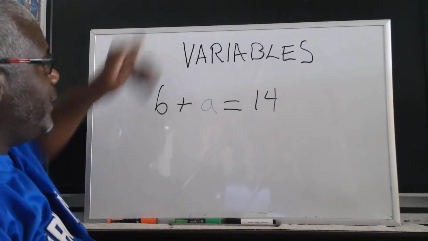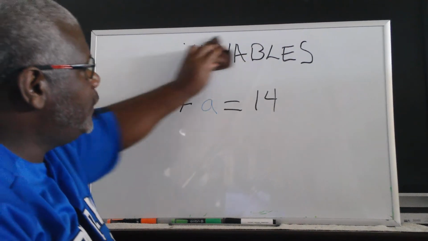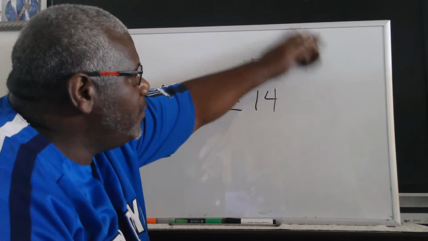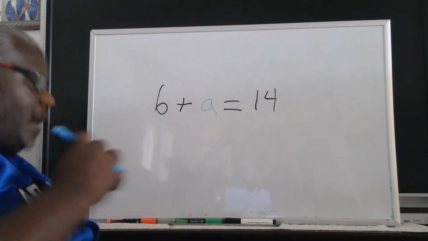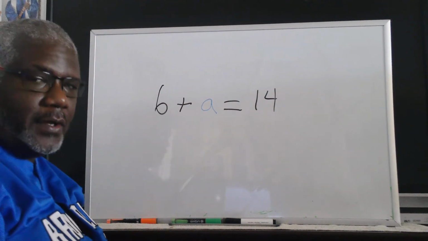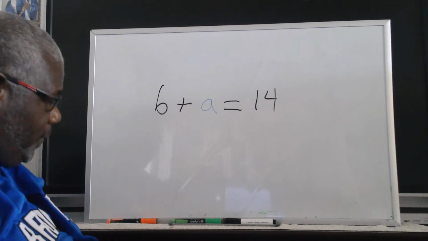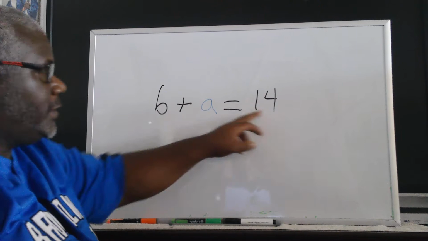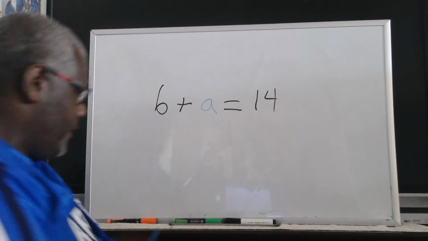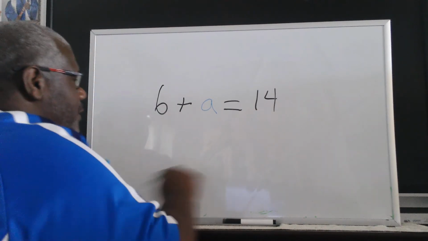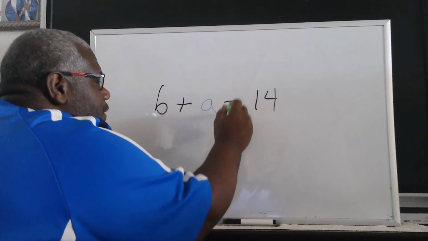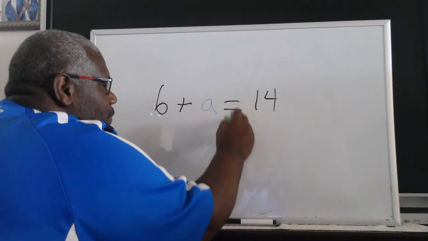Now, I'm going to teach you how to find those variables, what their value is. Let me get rid of that. How do we find A? How do we solve for A? Well, we do know that this problem, consider it a scale, right? If I was to draw this as a scale, here's my fulcrum.